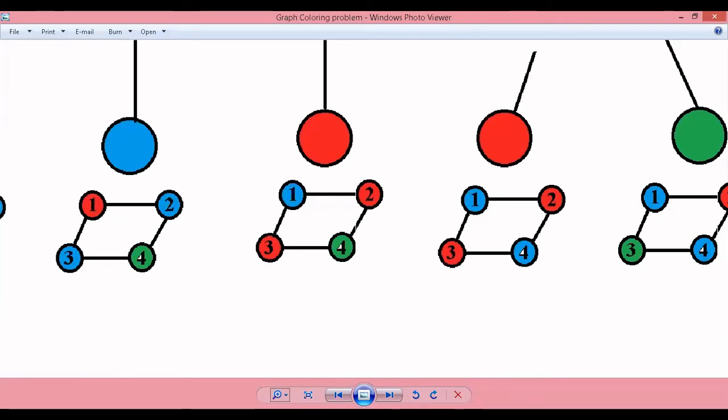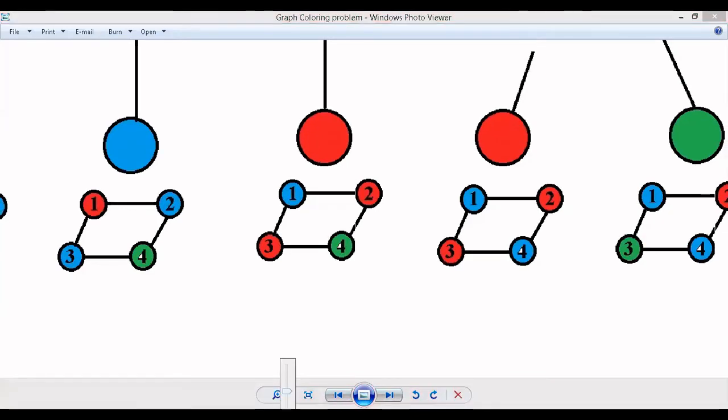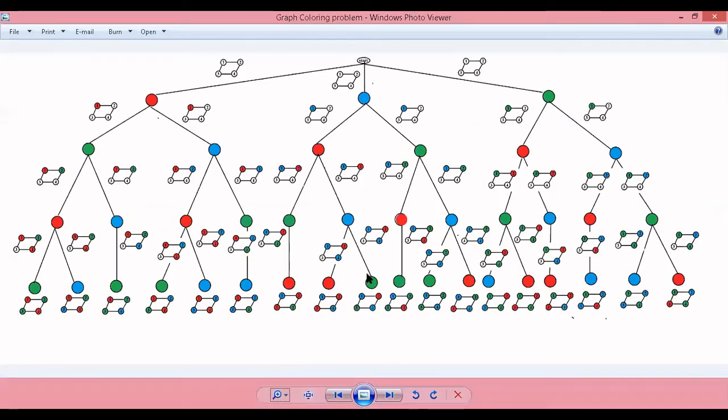Like this, I have tried to generate a big state space tree. Finally, what are the total possibilities of coloring this graph with 3 colors?